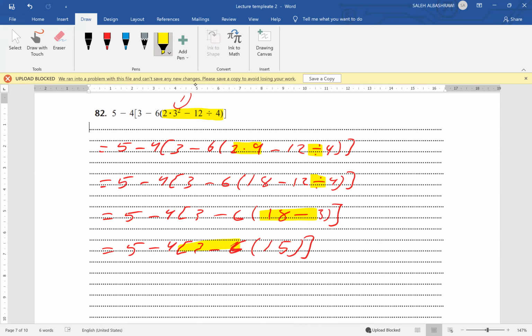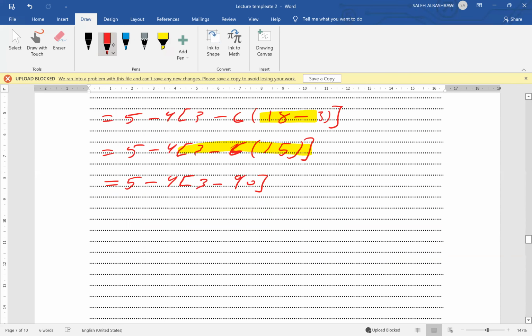Now this big square bracket has subtraction and multiplication, so we have to apply the multiplication first. 5 minus 4 multiplied by 3 minus 6 times 15 is equal to 90. Again, this will be 5 minus 4 multiplied by 3 minus 90, equal to minus 87.